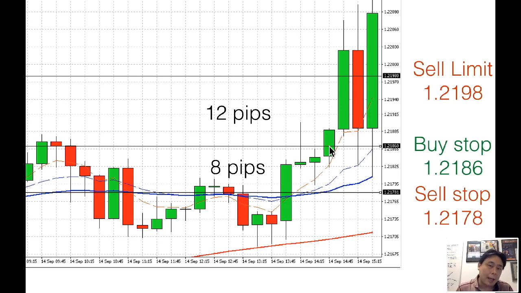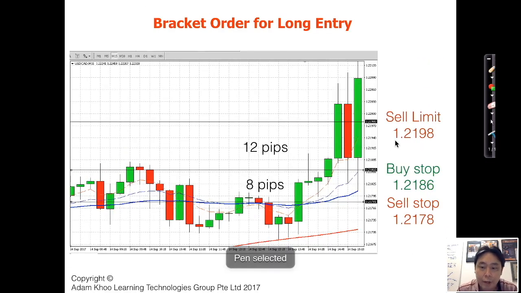But sometimes, by the time I look at a chart, I may be a bit late. So maybe by the time I look at it, this candle has already formed and the price is, say, somewhere here. So it is above my intended entry price of 2186. For example, the price may have already moved to 2189.